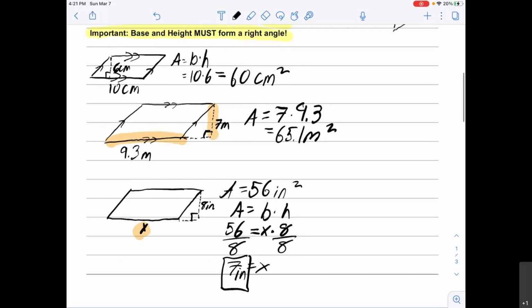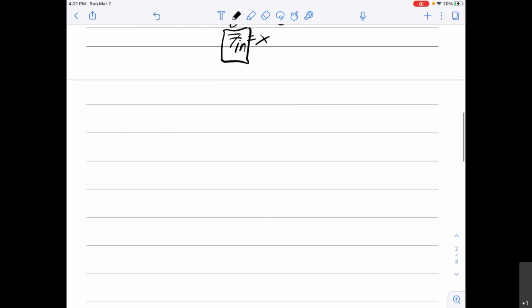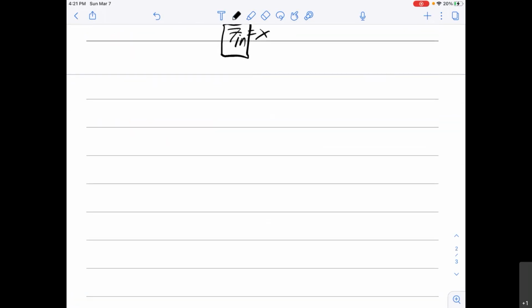The last type of problem I need to be able to do is to be able to find the perimeter and area. So let's say we were given a parallelogram. And I told you that this side was 9 millimeters. And this side was 7 millimeters.